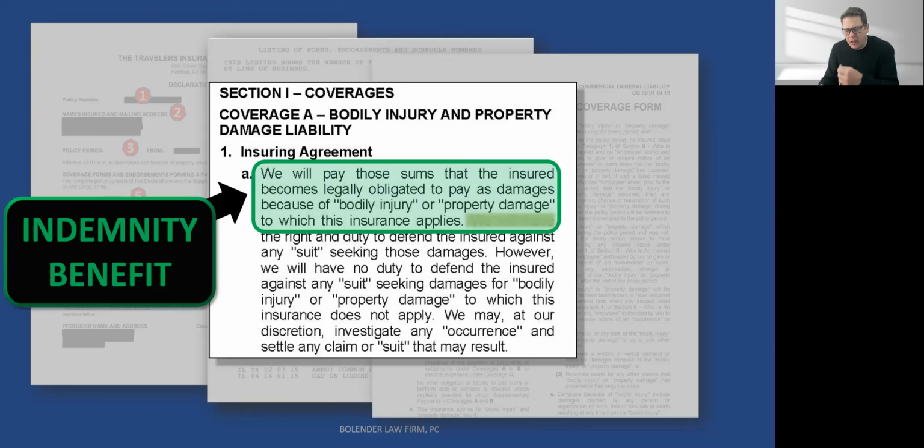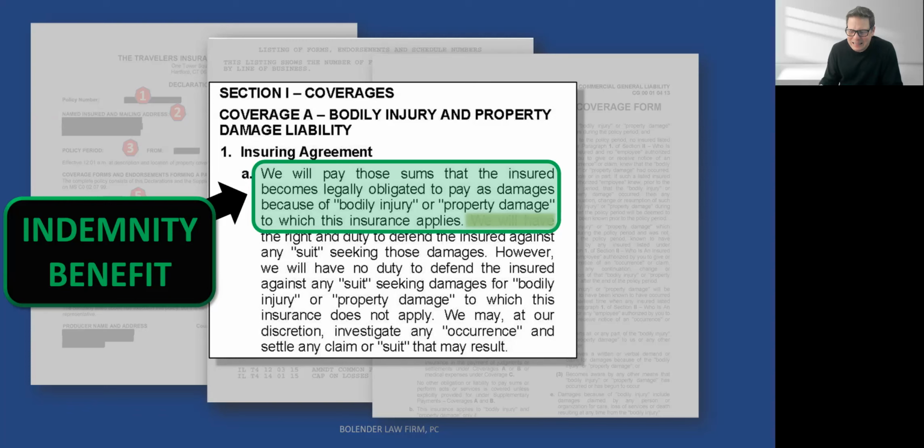Now, the first sentence that you're looking at is what's known as the indemnity benefit. Let me back up a little bit here. A CGL policy, like any liability insurance, homeowners, auto, whatever, affords two primary insurance benefits: the indemnity benefit and the defense benefit. So we're going to talk about the indemnity benefit briefly here before we get to the other benefits of the policy.